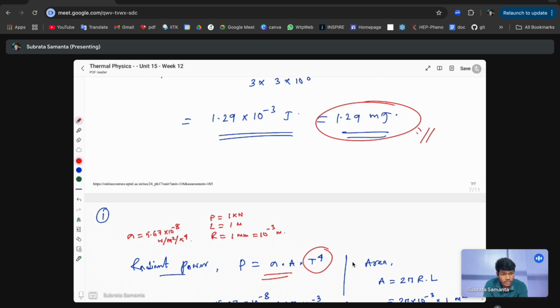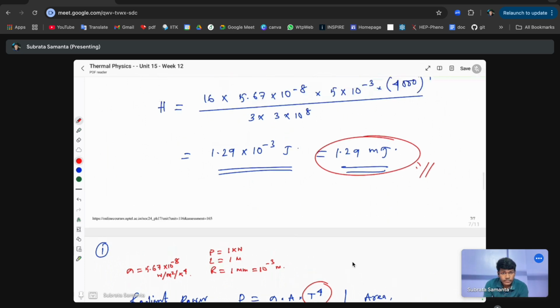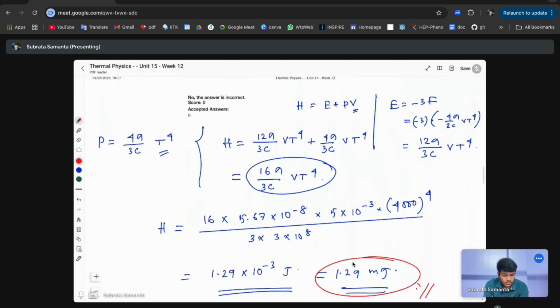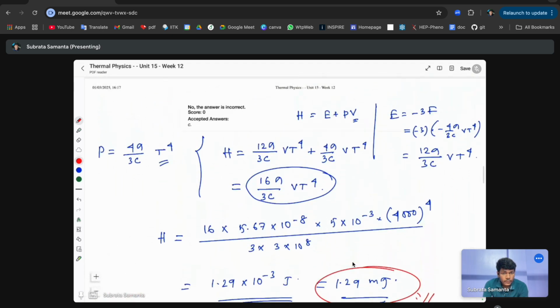Any question, any doubts? So in this problem, we first calculate the enthalpy H, how H depends on volume and temperature.